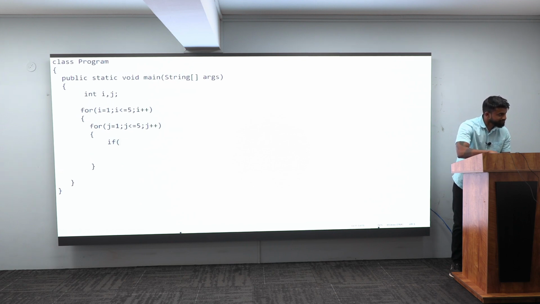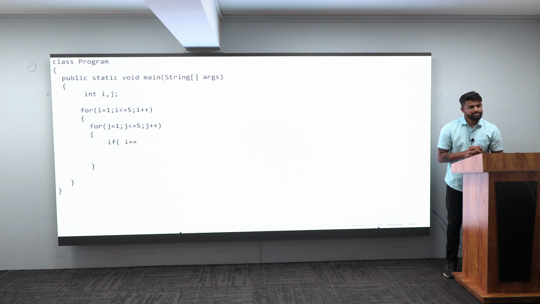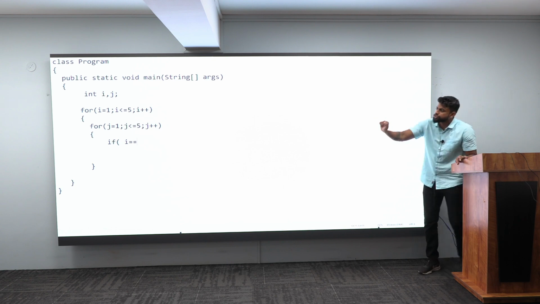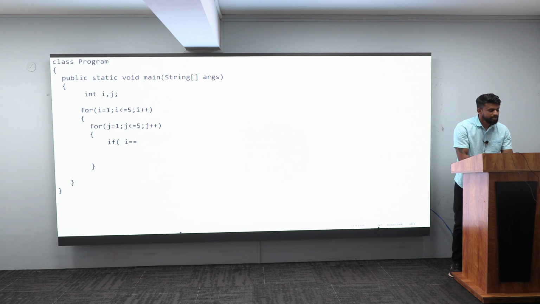You should open the bracket like this. And you should not tell I equal to 1. You should tell I double equal. In operators you will understand. Mechanically you should not tell I equal to 1. What you should tell? I double equal 1, meaning when I equal to 1.